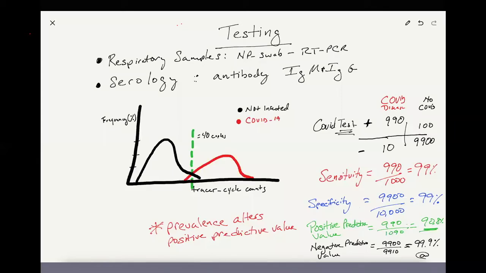And so it's why early on, when all of this started, we were getting a bunch of reports of who was testing positive with tests that were not being described by their sensitivity or specificity, and was causing a lot of confusion and concern. I'd reached out to a friend of mine that's involved with the health ministry at Singapore and involved with one of the first studies that came out of Singapore on COVID.